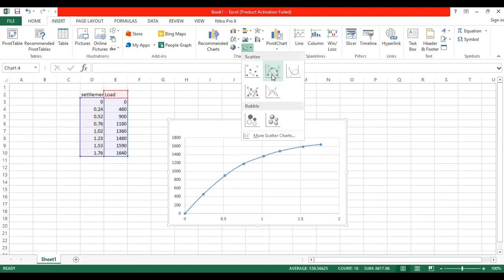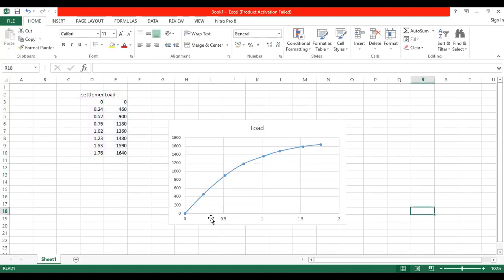Your curve will be like this, if you plot the graph of load in y-axis and settlement in x-axis. And this is the format of the graph which you will be obtaining. Once the graph is obtained, you have to take the pressure, that is load value at 1.25 millimeter, that is 0.125 centimeter.